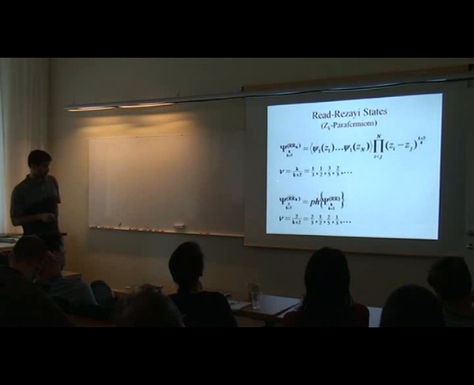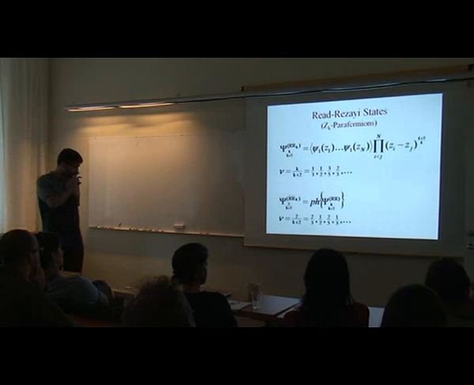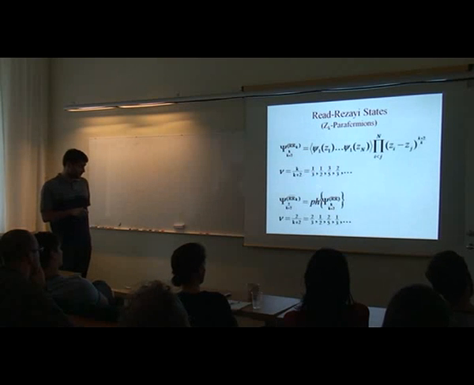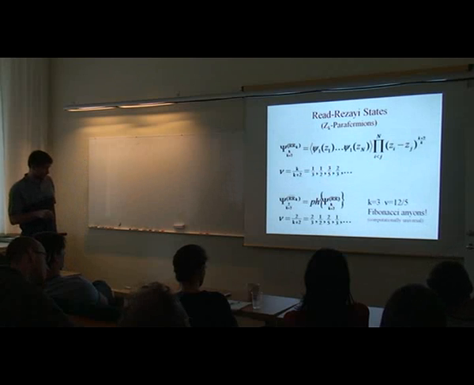And this gives rise to a sequence of states which is given by k/(k+2), and in particular the 1/3 state here is just the Laughlin, and the 1/2 is just the Moore-Read, and then k=3 is the famous Fibonacci type Read-Rezayi state, and so on.